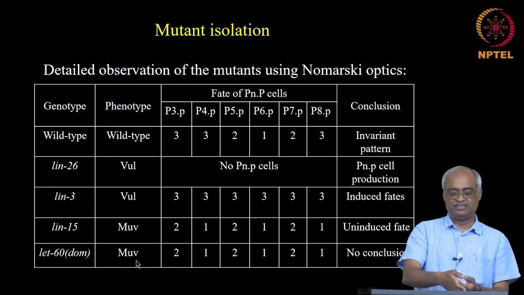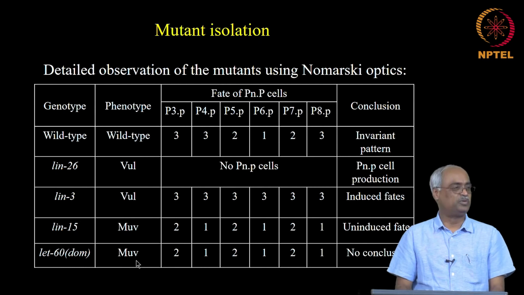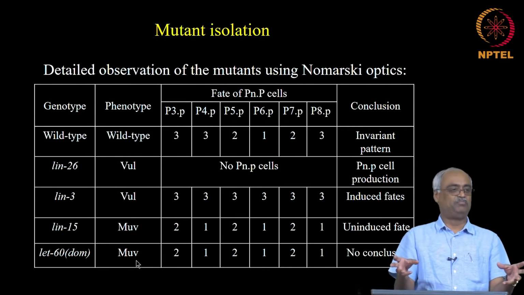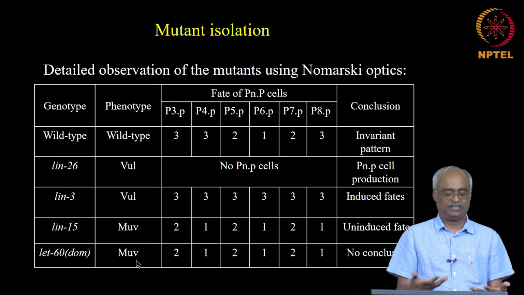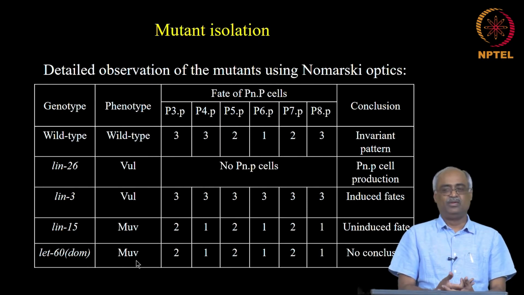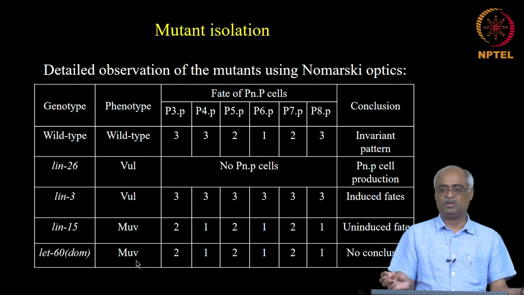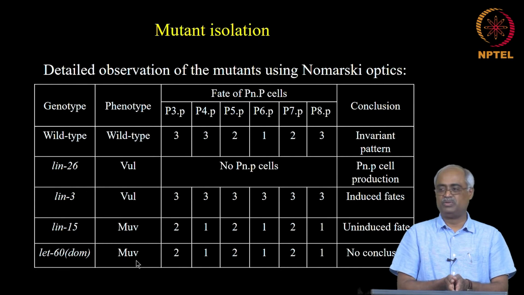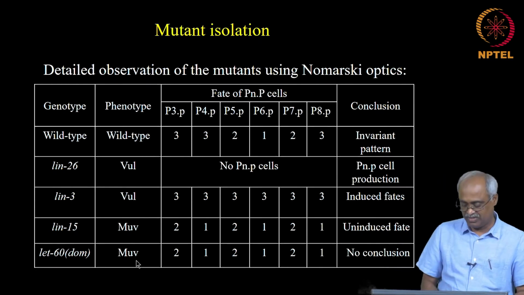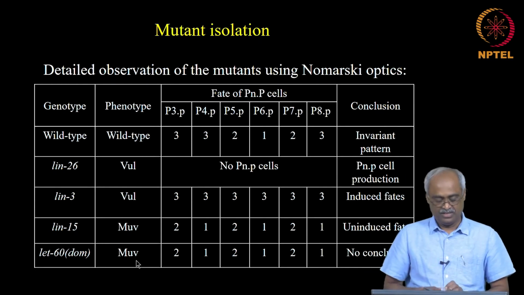That is the analysis here, detailed observation of mutants, instead of simply looking at a plate with a lot of worms under a dissecting microscope where all you can say is, this does not have vulva, this has vulva. For the one that does not have vulva, where exactly is the problem, or during larval development when do I first see a difference from the wild type? That is what we call detailed observation.